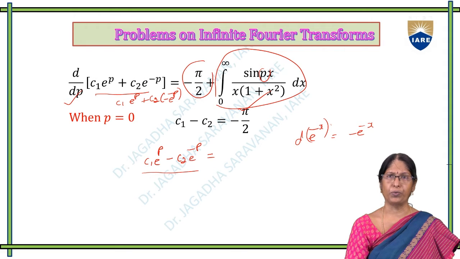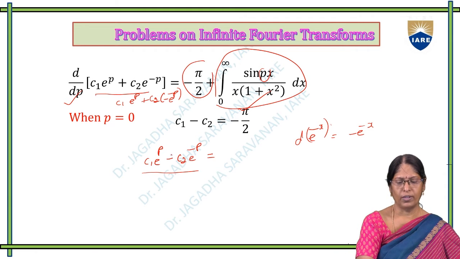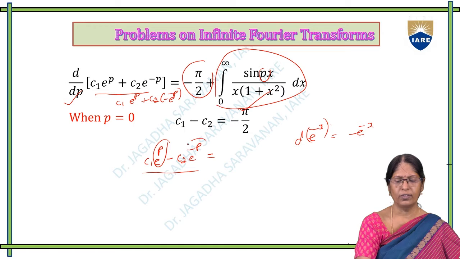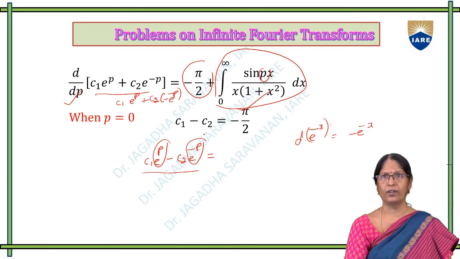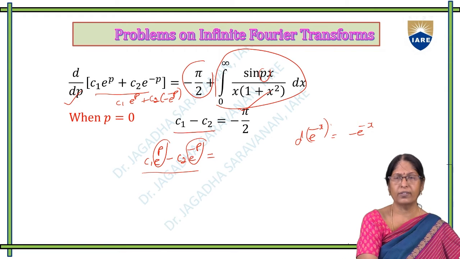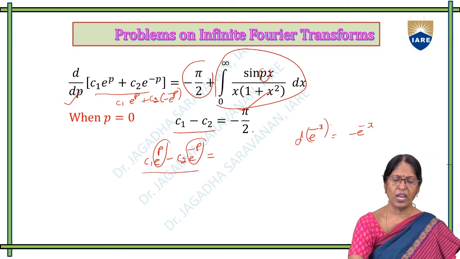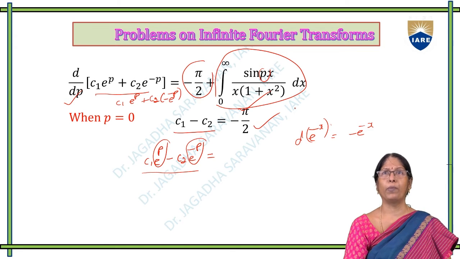So e power 0, the value is 1. So it is becoming 1. This is also becoming 1. So after the substitution, we obtained the result c1 minus c2 equal to minus pi by 2.